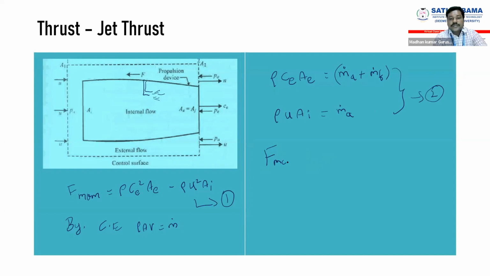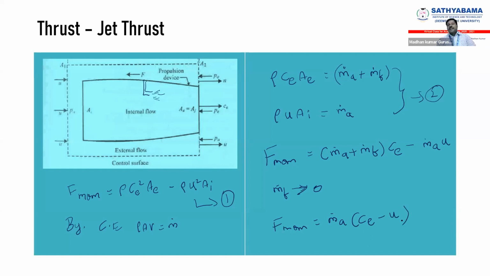F momentum is equal to m dot A times E, minus m dot A times E, with the mass flow rate of the fuel. Neglecting the mass flow rate of the fuel to 0, you are writing the momentum thrust as m dot A into (C minus U). It's a simple notation.